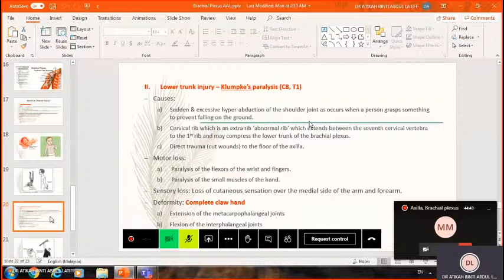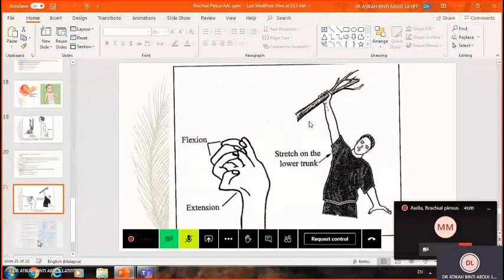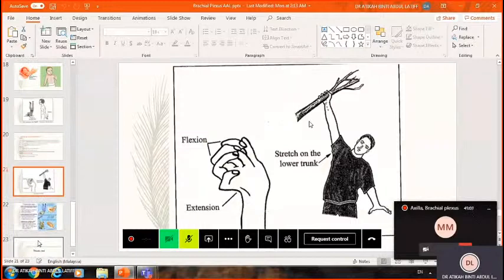Lower trunk is C8 and T1. There are 3 main causes. Hyperabduction of the shoulder, for example grasping something to prevent a fall on the ground. This is a common scenario where someone is falling and they pull onto something or hold onto something and stretch the lower trunk of the brachial plexus.